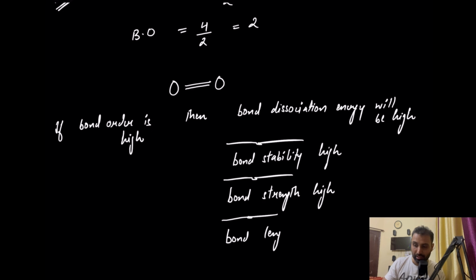That means if there are more number of bonds between combining atoms, then that more number of bonds will pull the two atoms closer to each other. That's why their bond length will decrease. So their bond stability is high, bond strength is high, bond length will be low with the higher bond order.